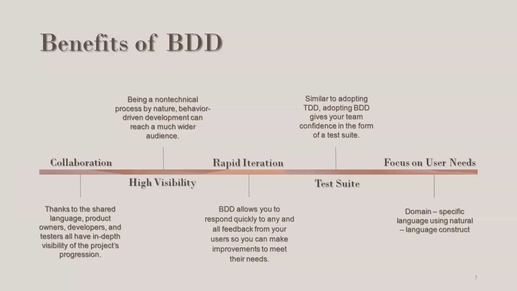Test source, similar to adopting TDD, adopting BDD gives our team confidence in the form of test source. Focus on user needs. So generally at the time of testing, the UAT team will focus on what the end user is looking for, which type of products or features they wanted. So domain specific language using natural language constructs will help them to analyze these types of things quickly.